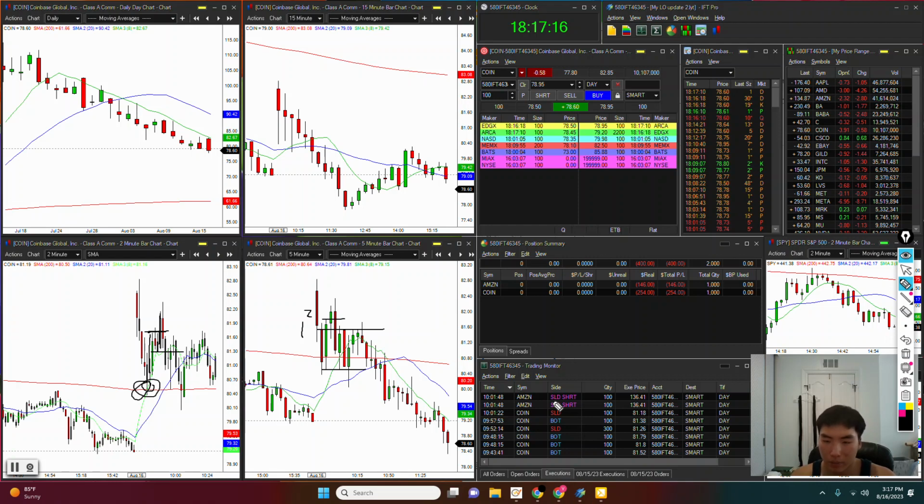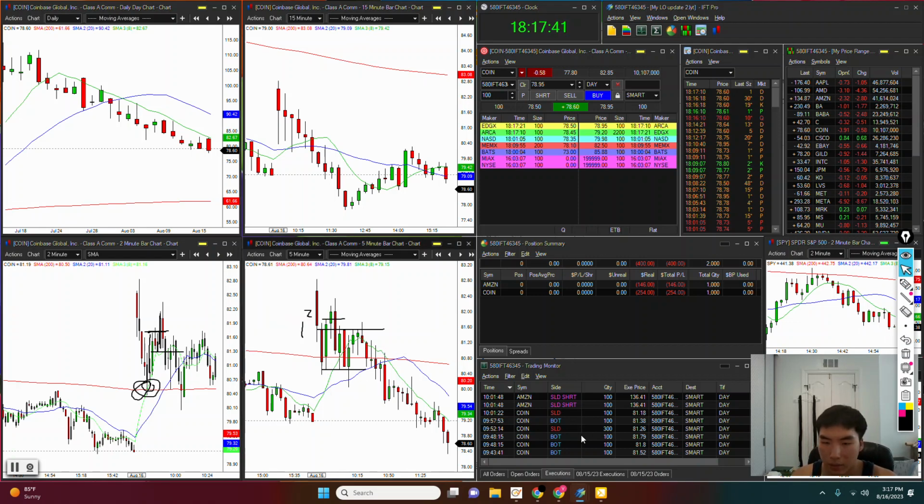So that's the problem that I need to fix. Let me calculate. My average price is around 81.70, and I have 3 lots, so I could only lose about 33 cents on each. 81.37 is where I could have my stop.